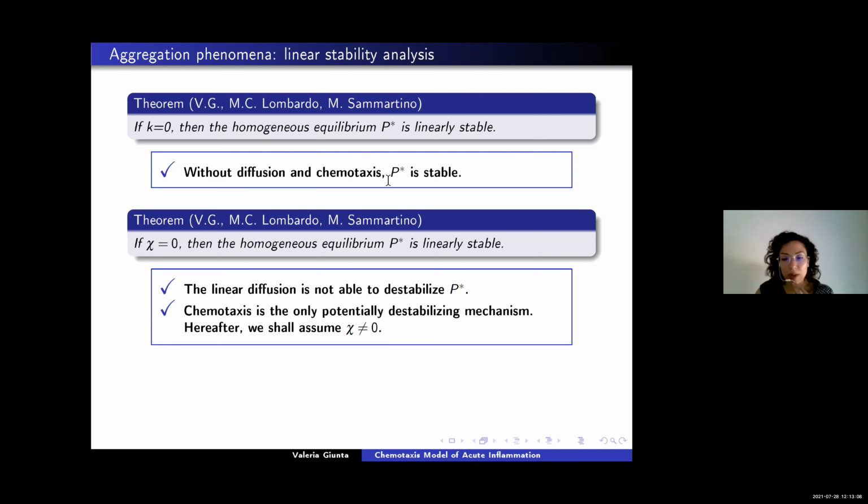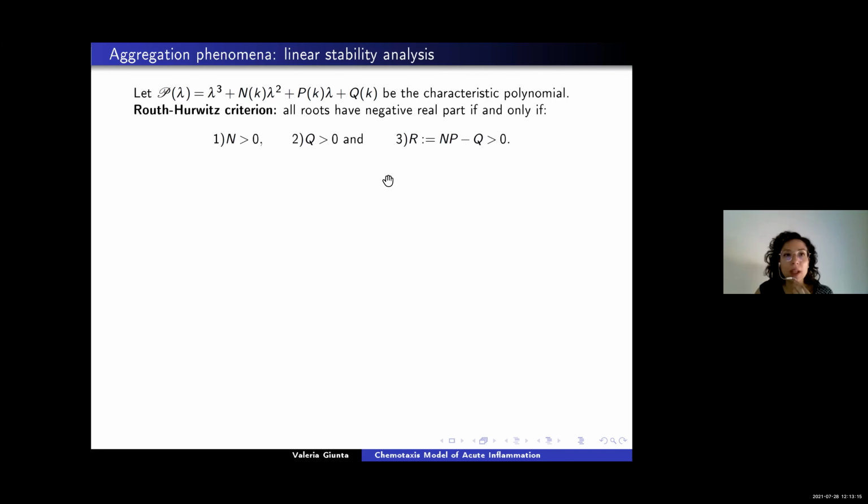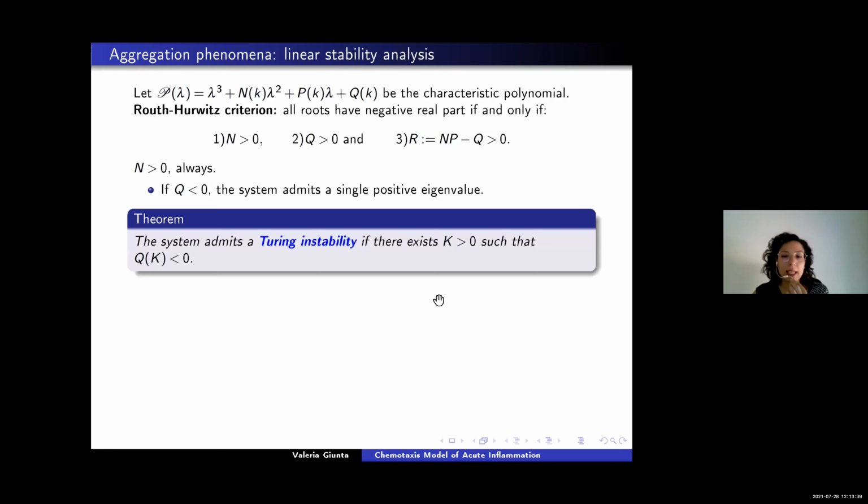To study how chemotaxis can destabilize the equilibrium point, we have analyzed the characteristic polynomial, and we have used the Routh-Hurwitz criterion, which states that the point is stable if and only if these three conditions hold. In our case, n is always positive, and the violation of the second condition, regardless of the sign of this quantity here, corresponds to a single positive eigenvalue, which means that the system admits a Turing instability.